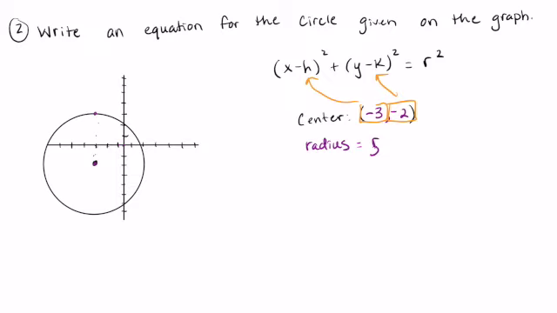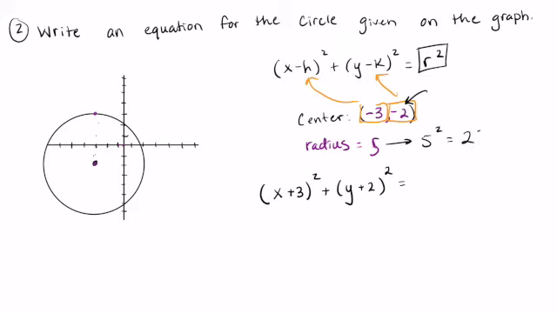So I have x, and since that's a negative 3, it becomes plus 3, squared, plus y, that being a negative 2, becomes a positive 2, squared, equals my radius squared, which is 5 squared, which gives me 25.